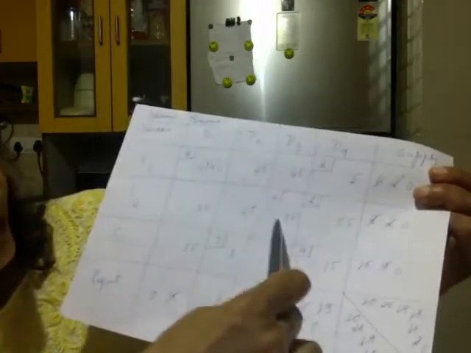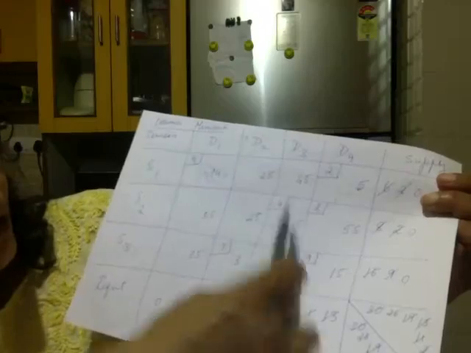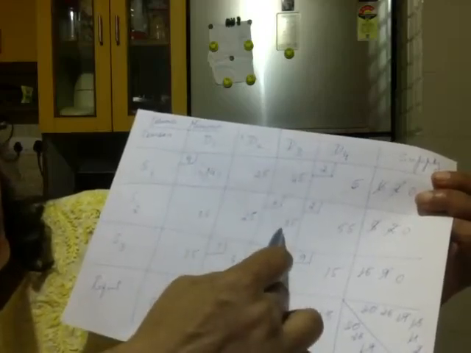Next occupied cell is this one, S2D3, meaning C23. I'll write here if you want. C23, and this would be C24.